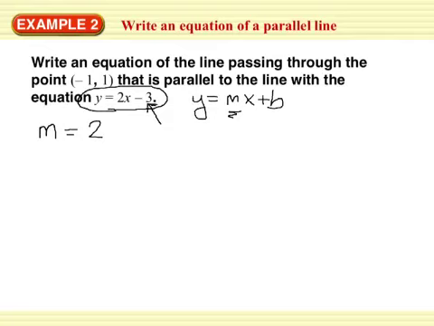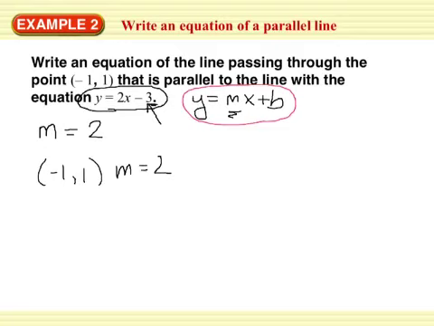I need a new equation. So I'm going to use the information I'm given, which is negative 1, 1, and m equals 2, in this form to find a new b. So here we have x and y. I'm going to plug them into this equation. Y equals mx plus b.